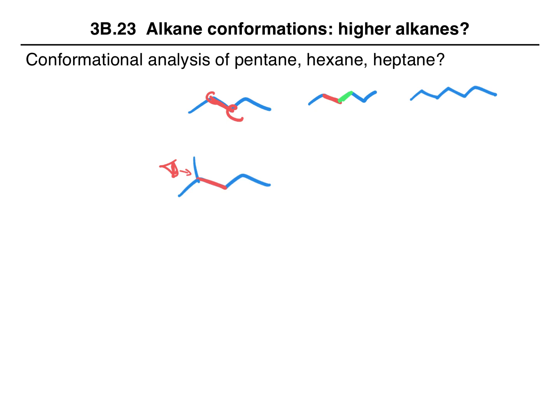One of the things that I want you to notice, though, if you remember, the anti-conformation is always going to be the most stable because there is no torsional strain and no van der Waals strain. Well, if we are looking at pentane and we're looking along this bond, then that means that this is down and this is up, so that we have the anti-conformation.